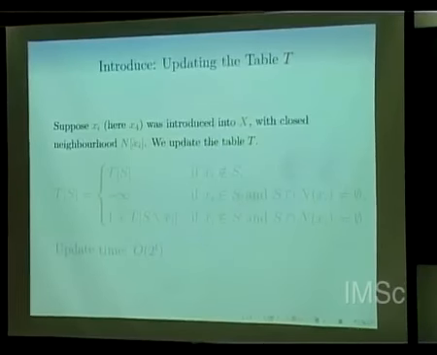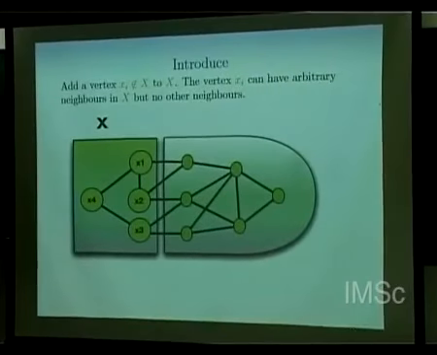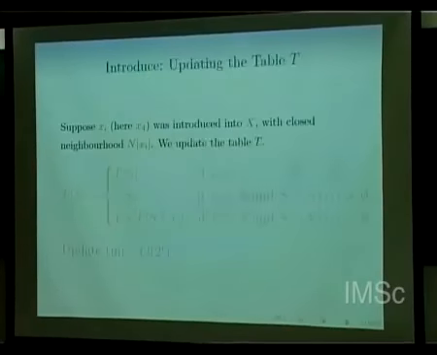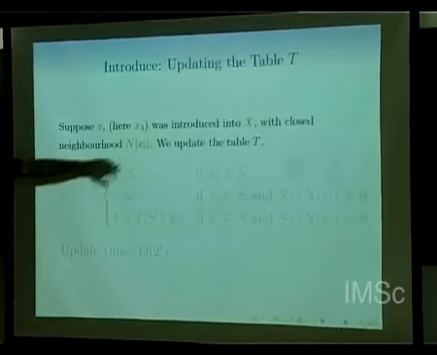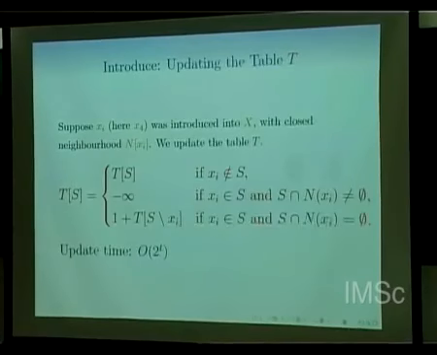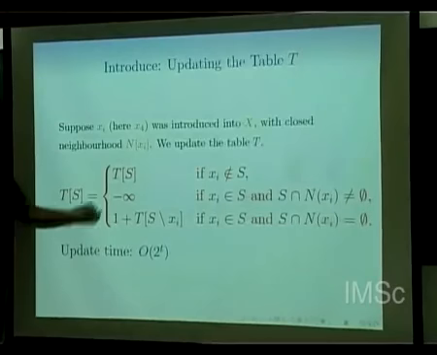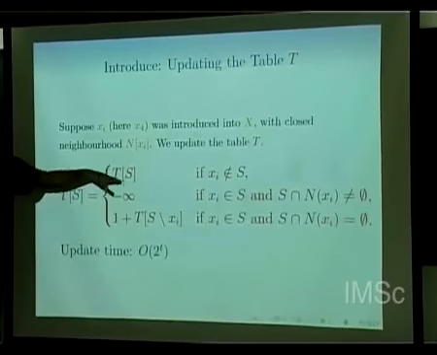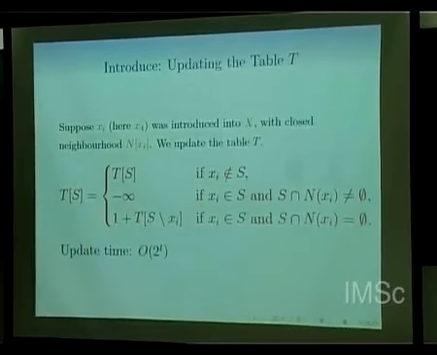So suppose xi, and for our case what is this? It is x4, was introduced into x with closed neighborhood, it should be N of x4. We update the table as follows. So how do we make a new table? Look at the new table T of S. We say T of S remains T of S if this newly introduced vertex is not in this subset. That's correct, right?